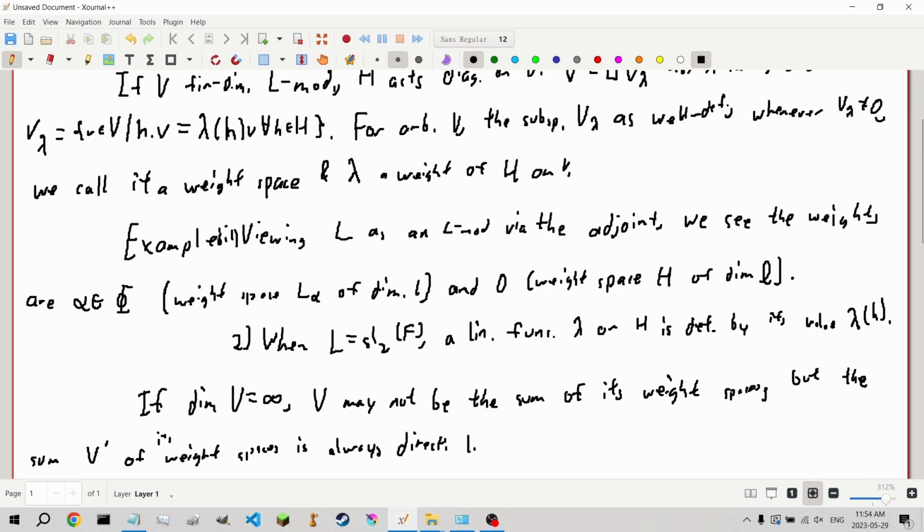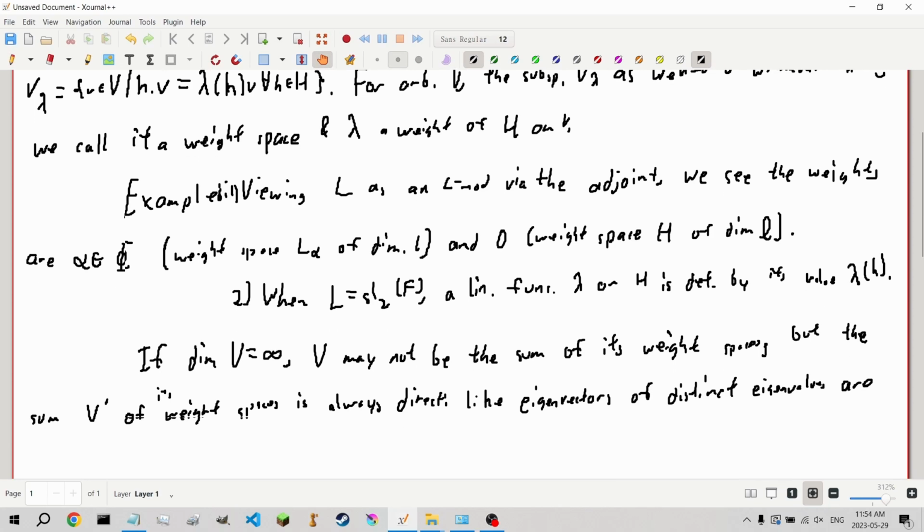Which is just like showing the eigenvectors of distinct eigenvalues of a given linear transformation are linearly independent.